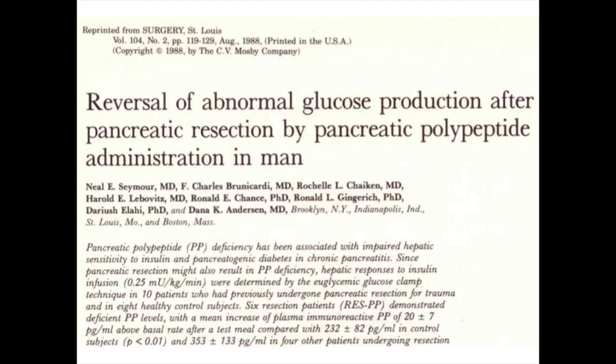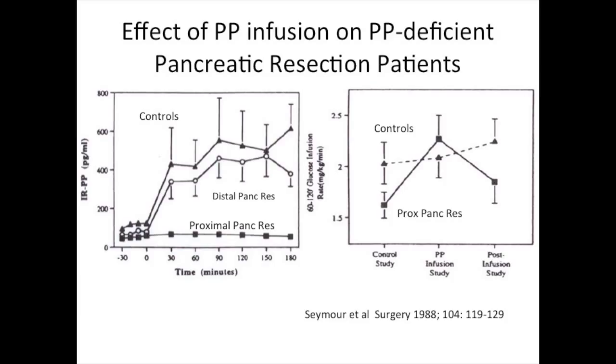They then underwent test meal studies to examine their PP status, and then underwent glucose clamp studies to look at their sensitivity to insulin. Not surprisingly, patients that had proximal pancreatectomy or Whipple operations were deficient in pancreatic polypeptide, had no response to a test meal, whereas distal pancreatectomy patients had a normal PP response to the test meal.